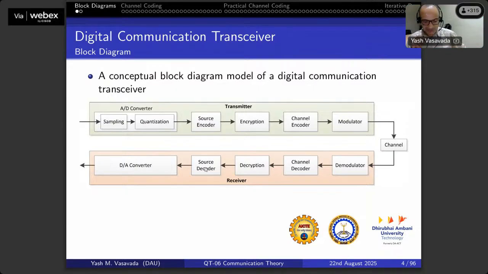Kraft's inequality kind of makes it practical, makes it something that is relevant to our daily life. It says that if you do proper encodings, then you will end up defining the bit strings whose lengths are equal to the information that is generated according to this definition.